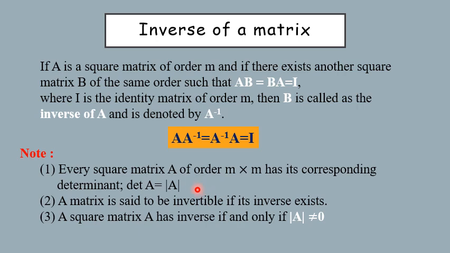Second, a matrix is said to be inversible if its inverse exists. And third, a square matrix A has an inverse if and only if determinant value of A is not equal to 0. That means the matrix is non-singular. So an inverse exists if and only if the matrix is non-singular.